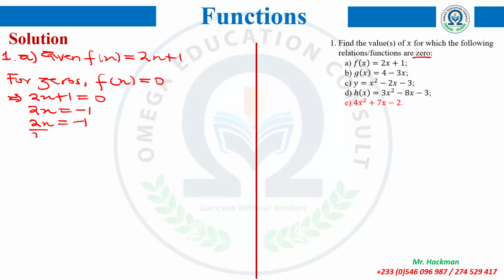Take note of this. Some of you are not adapting the way I want you to adapt, so I will continue to hammer on that, repeat that just to emphasize for you to do the right thing. So at this point, we end up getting x equal to minus 1 on 2.